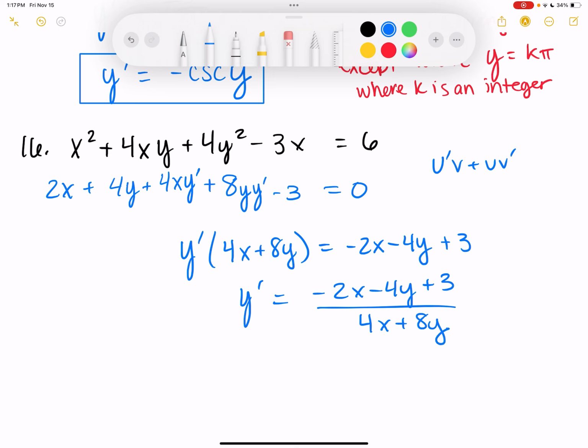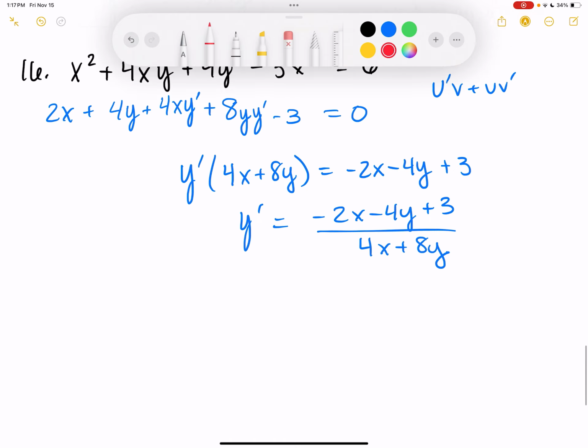Now, I need to know where this is defined. What do you think I might need to do? Is the bottom equal to 0? Yep. Set the bottom equal to 0. So 4x plus 8y equals 0. And then what? Divide.